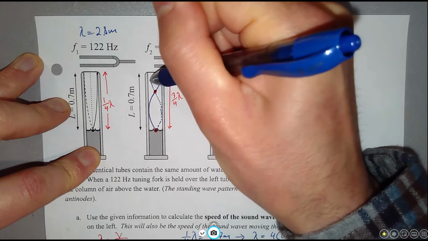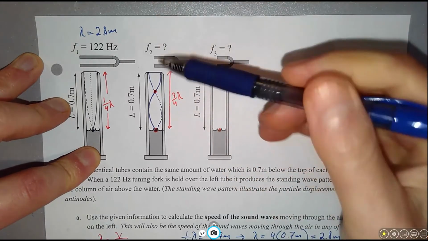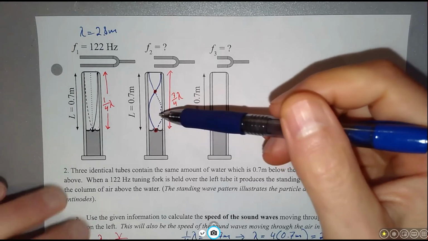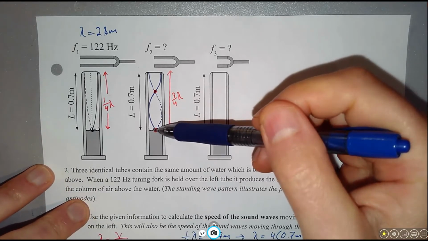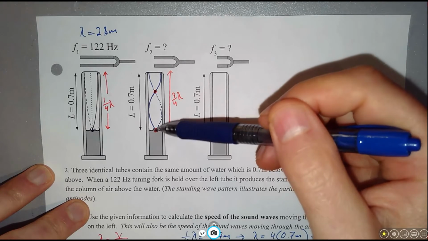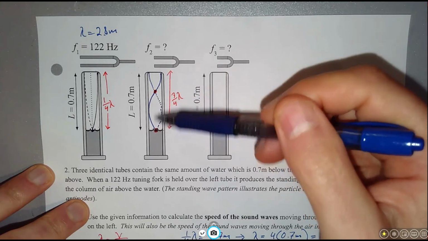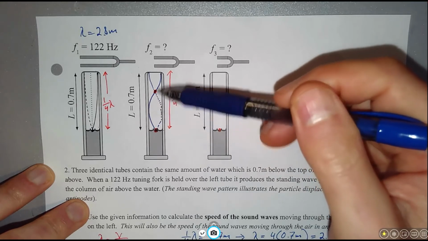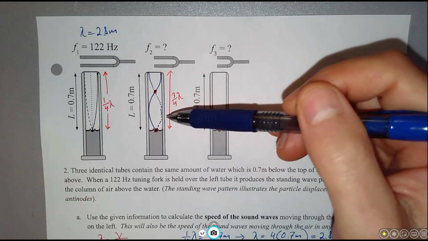Remember, these lines do not represent strings, what the air is doing. This represents that here the air is not shaking back and forth. You know, the sound's moving up and down in the y direction. So air particles, when they get disturbed, are being disturbed in the y direction because this is a longitudinal wave.